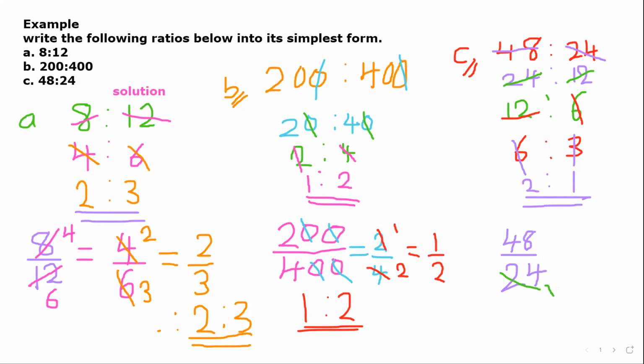Let me cancel it all. 24 goes into 24, 1, and 24 goes into 48, 2. Now we have 2 over 1. If you want to write 2 over 1 in a ratio form, it is 2 to 1. Okay, good. So irrespective of the number that you choose to cancel, later you still get what? The minimum or the simplest ratio. Good.